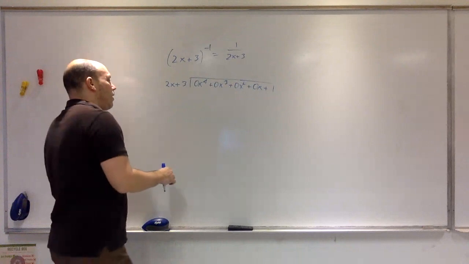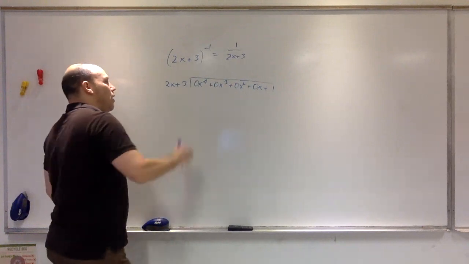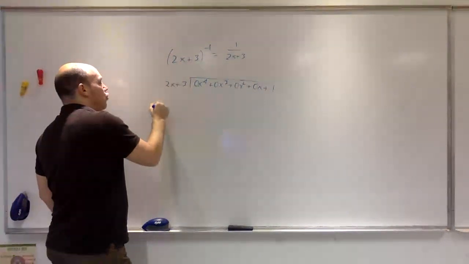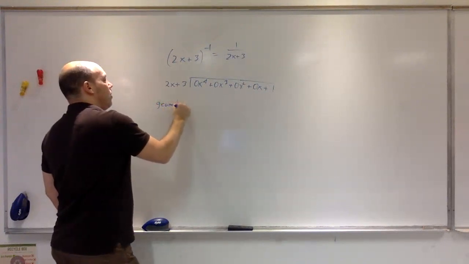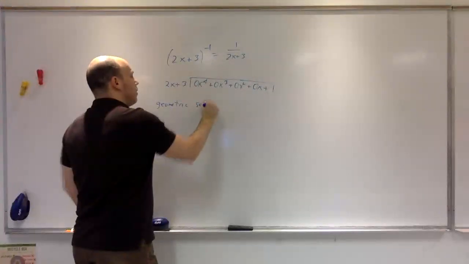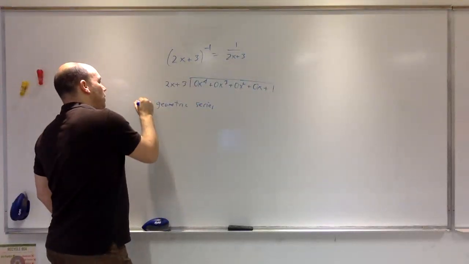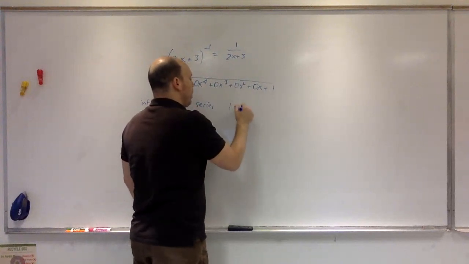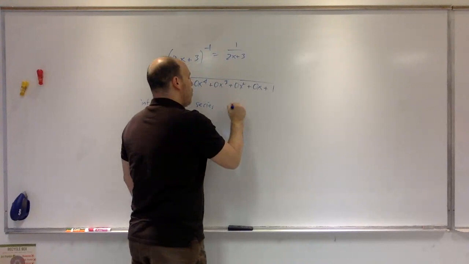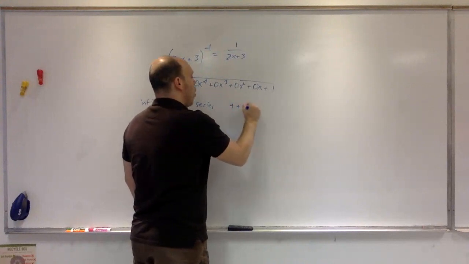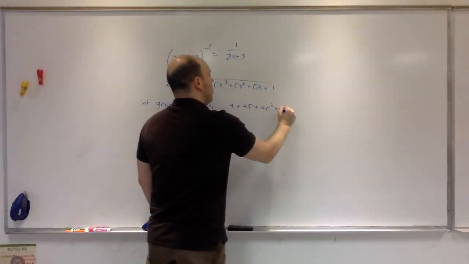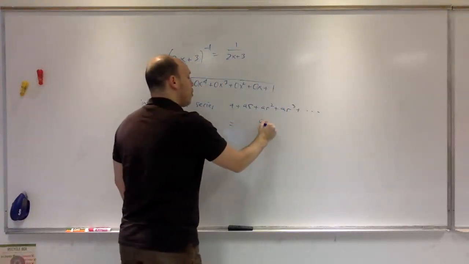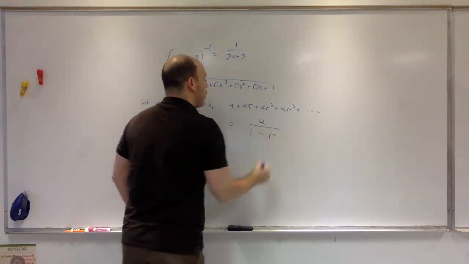What we saw is that an infinite geometric series, a plus ar plus ar squared plus ar to the third, ad infinitum, is equal to the first term divided by 1 minus the ratio.